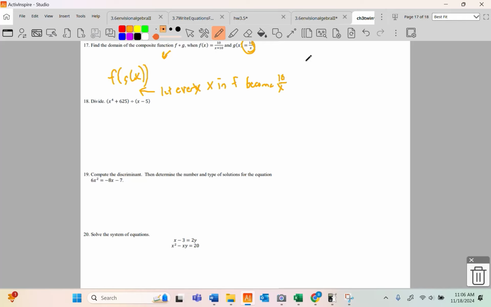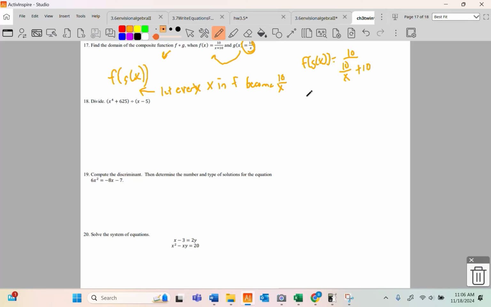So f of g of x would be, there's a 10, and there's an x, 10 over x. And then there's a plus 10.